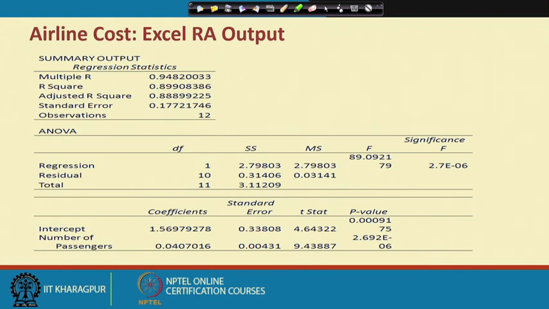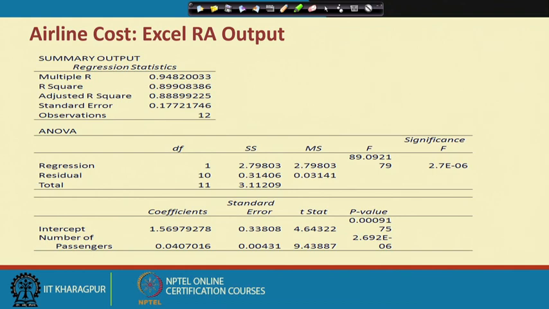In the next lectures I will take this problem to the spreadsheet and show you how these regression outputs actually come. In this output you will find plenty of information, and there is a box like ANOVA, which we have already discussed, and then these are all called regression outputs, estimated on the basis of y and x.